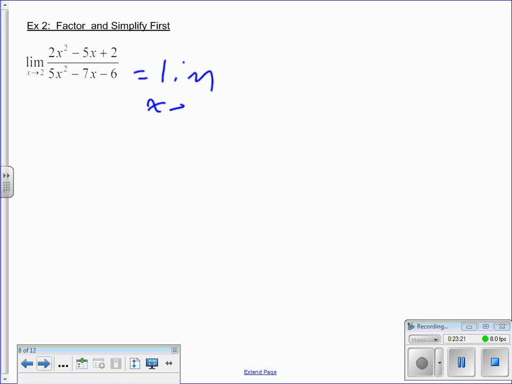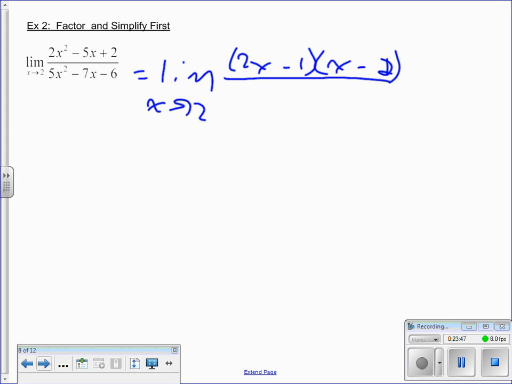The limit as x approaches 2. Oh, okay, 2x, x, 1. Is that right? No, it's 2. That's 2 here. 2, 2, 4. Minus 1, minus 2. There we go, right? Check my factoring. I didn't work this out ahead of time.